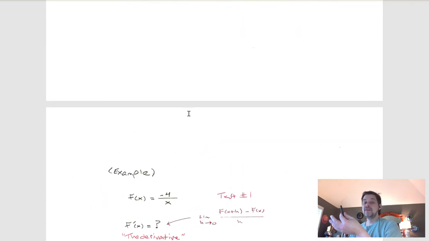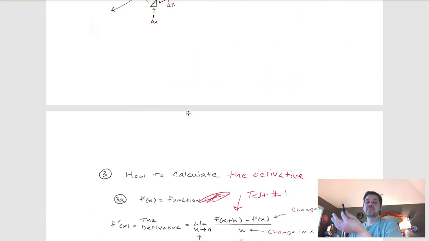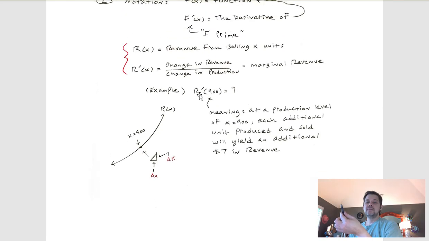You may find that this is the marginal revenue, or the derivative of the revenue function, when production's 900. At different levels of production, you might find that the derivative is different. At different levels of production, you might find that the way revenue increases from increased production beyond that point varies.